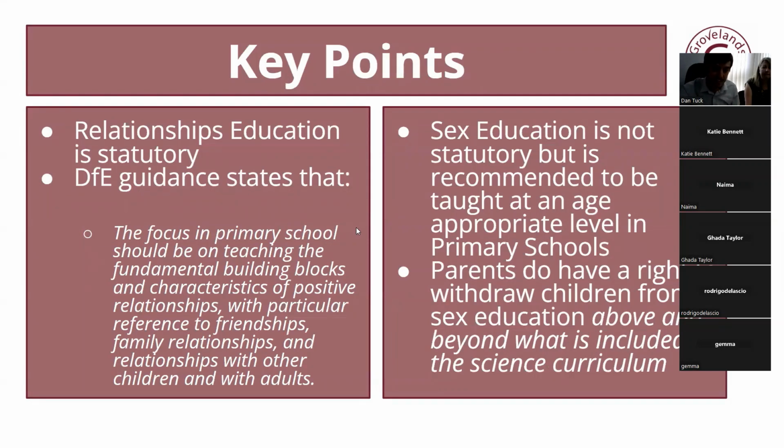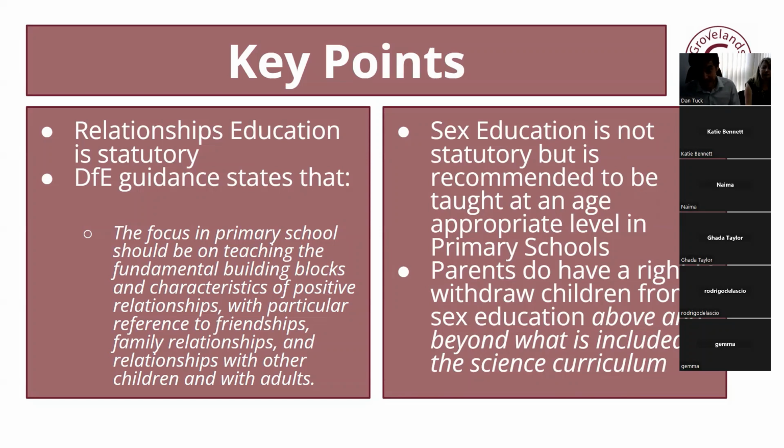And that refers to friendships or families, relationships with children and adults. That's really important because we want all children to know what a healthy relationship is. And they've already had lots of that over the year so far. A lot of PSHE teaching is about just that, what a healthy relationship looks like.